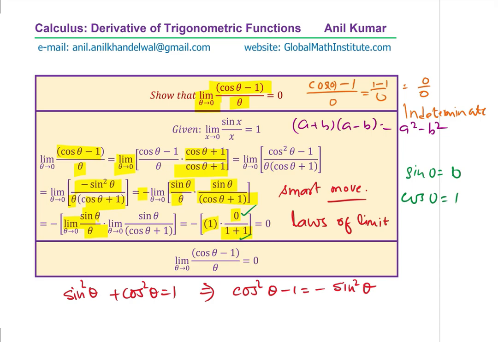So we now know that the limit of this particular function, cos theta minus 1 over theta, is indeed equal to 0. Very important result which we are going to use many times in finding limits and also derivatives if you use first principle, or find the derivative using the definition.